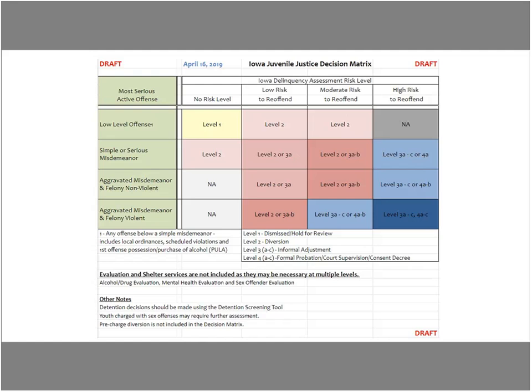And then finally, any type of program or service, for our purposes for the matrix here, that comes pre-charged. So if we have law enforcement who choose to send a kid to a program rather than make an official referral when they've held a delinquent youth, then that's not something that would be included in the matrix.